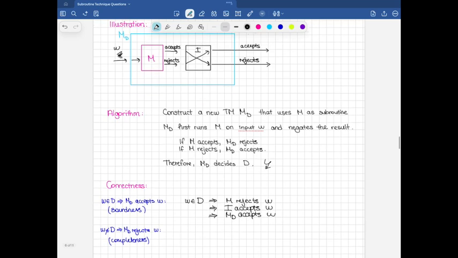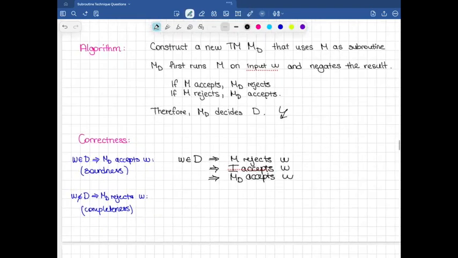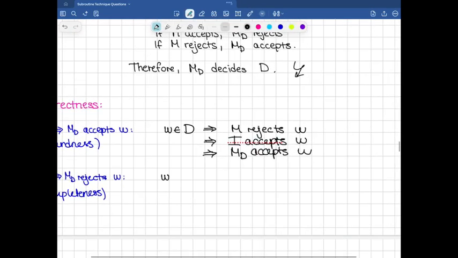So the path for W that is in the diagonal language looks like the following. M would reject because it's in D, so it won't be in the D complement, then it gets negated, then you accept. Okay. Now completeness. So what happens if W is not in the language D?